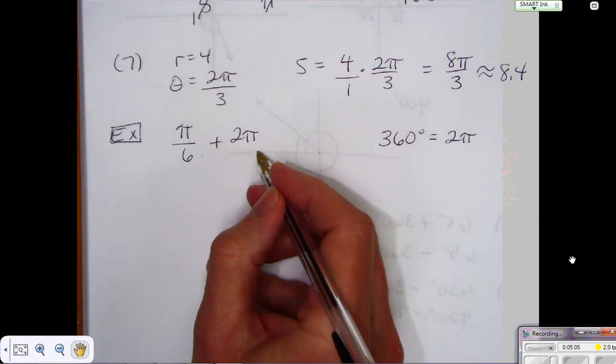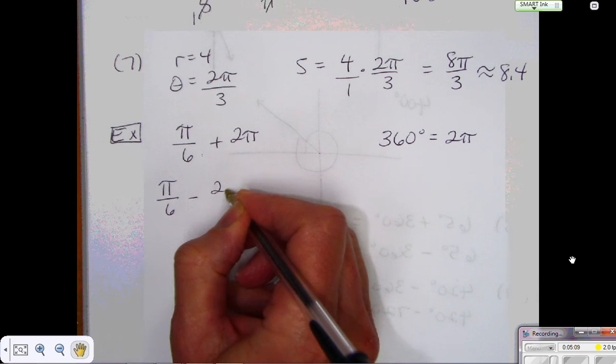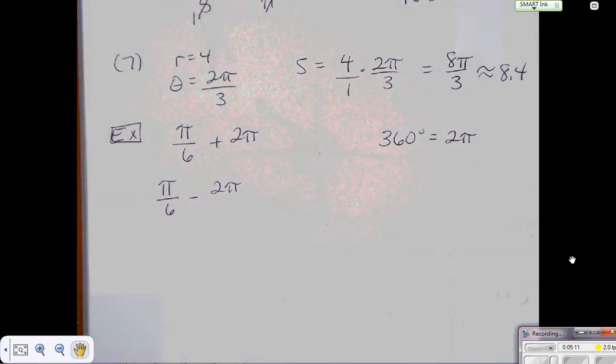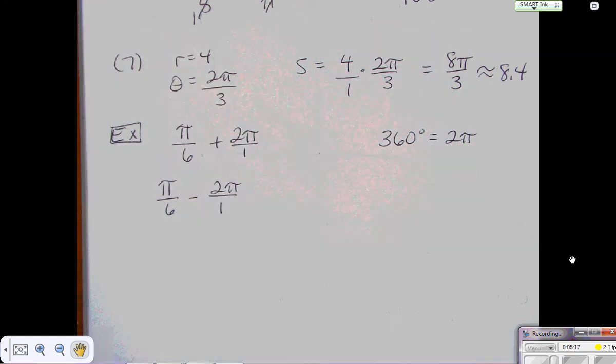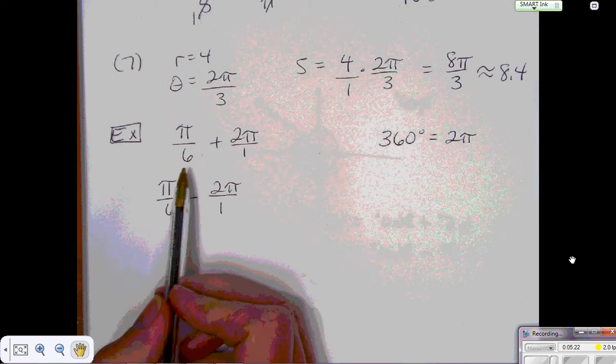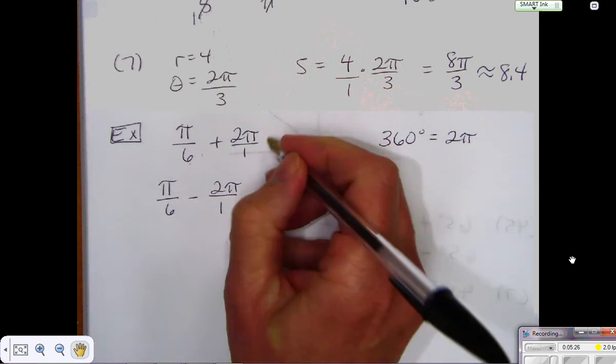Okay, so that's going to give me another positive angle, and then pi over 6 minus 2 pi is going to give me a negative angle measure. So I need to put those both over 1 because now I'm going to be combining fractions together, and I need to get a common denominator, which is going to be 6. So I would need to multiply top and bottom, 2 pi over 1 times 6.